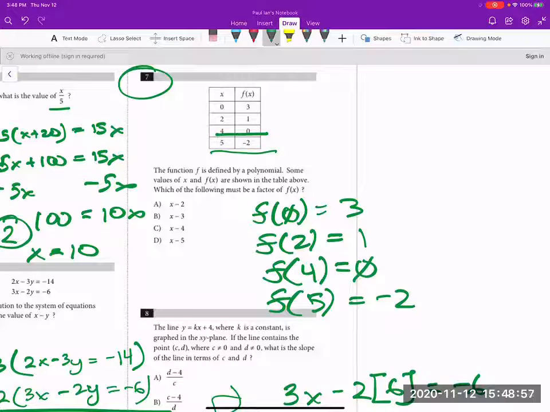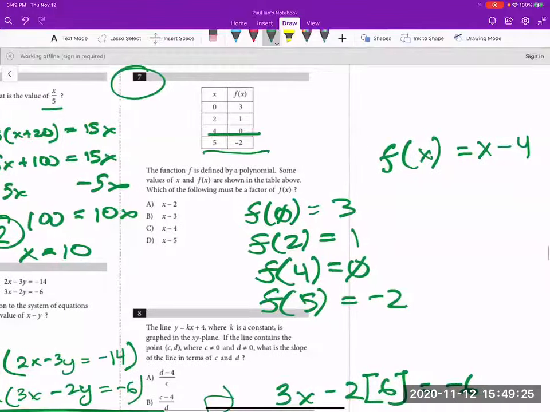The function f is defined by a polynomial. Some values of x must be a factor of f of x, or equals 0. Oh, I see what it's saying.